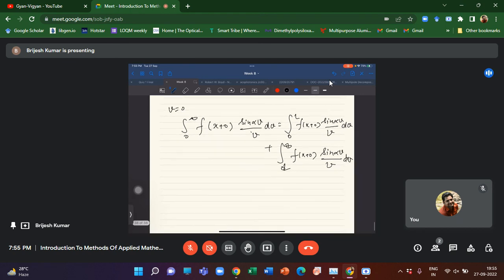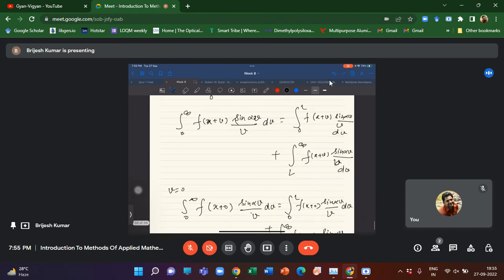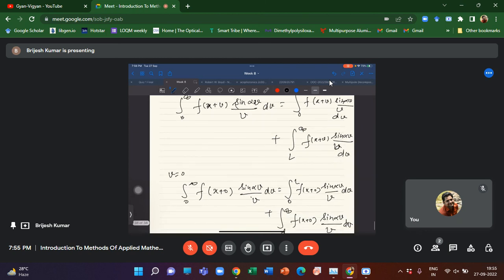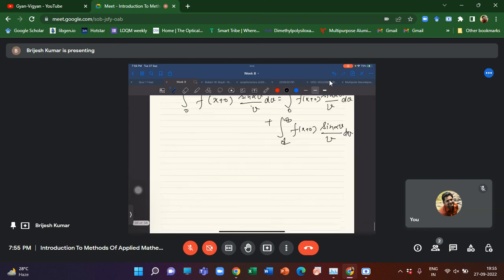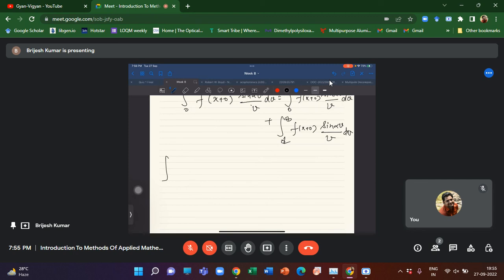Okay. Now, if we subtract this from this one, what we will get is the integral from 0 to infinity of f(x plus v) minus f(x plus 0) times sin alpha v over v dv. This will be equal to the integral from 0 to L of f(x plus v) minus f(x plus 0) times sin alpha v over v dv, and another term, the integral from L to infinity of f(x plus v) sin alpha v over v dv, minus the integration from L to infinity of f(x plus 0) sin alpha v over v dv.